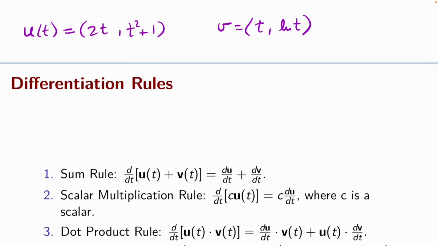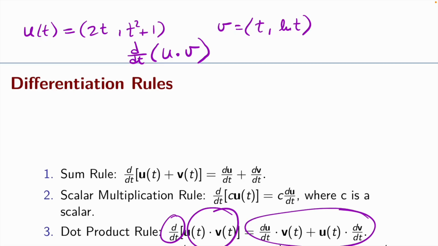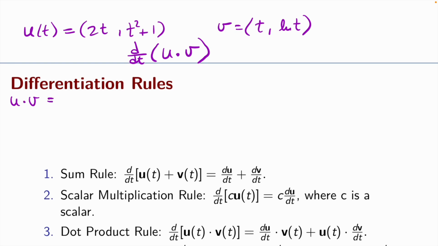Then let's say that we want to calculate the derivative with respect to t of the dot product u times v. So we have two ways to do it. We can either do the dot product and then calculate the derivative, or we can apply the formula. Let's actually do it in both ways. First, let's calculate the dot product of these two functions. So u times v, the dot product, is, we have this and this.